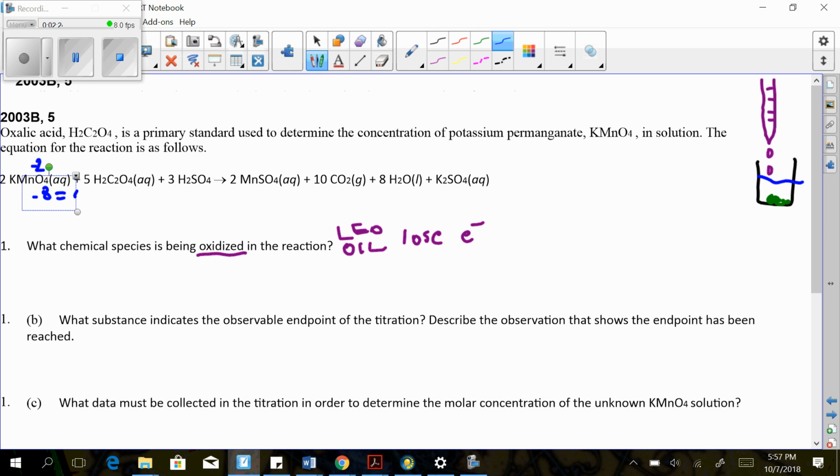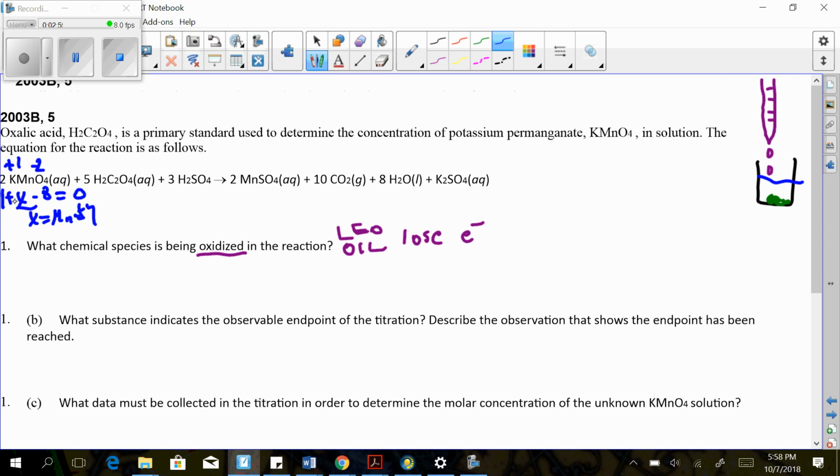All of this has to equal 0 because this is a neutral compound. We don't know the manganese, so I'm going to leave a little blank there. But I do know the potassium. The potassium is going to be a +1 because it's a group 1 element. So I have 1 plus, and I'm going to call this x because I don't know what it is, -8 equals 0. If I solve for x, which is my manganese, it's going to be +7.